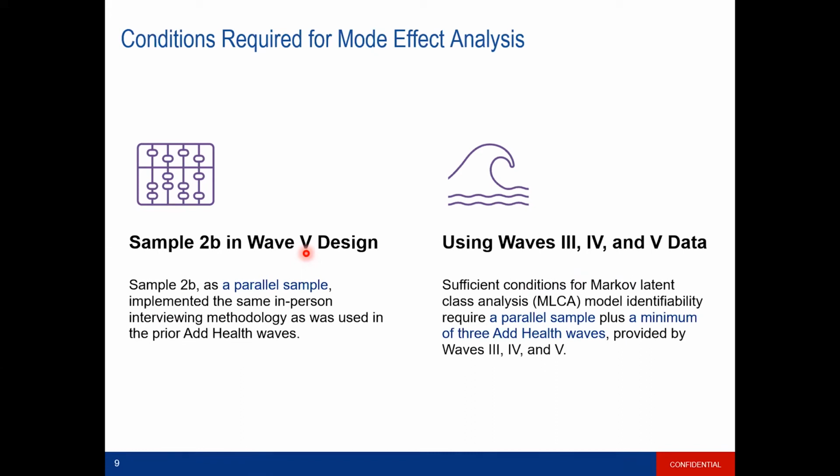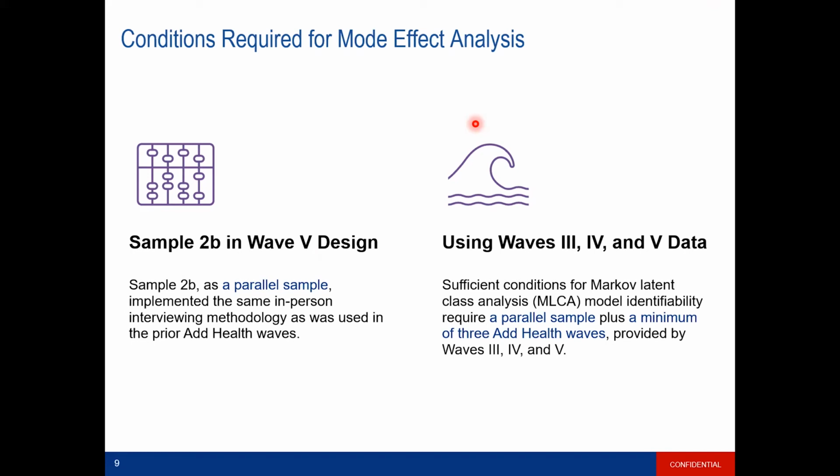So basically for the mode effect analysis, we used a Markov latent class analysis method in order to decompose the differences and understand the measurement errors and the non-response errors from the differences we detected from the mode effect analysis.